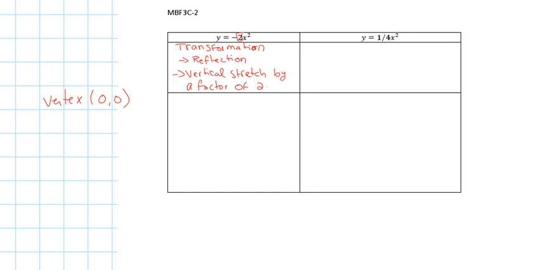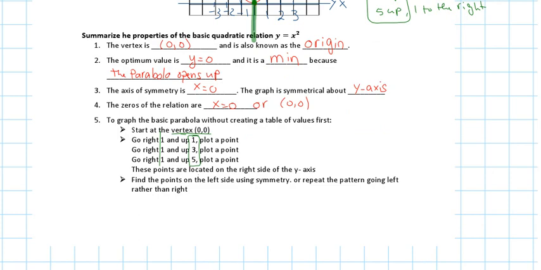What's your regular step pattern? If I go back here, what was my step pattern? 1, 3, 5. So 1, 3, 5 is my step pattern. Now, when I have the A value, my step pattern is going to be multiplied by that A value. Eyes on me, please.